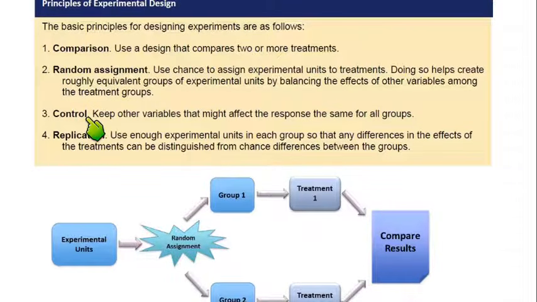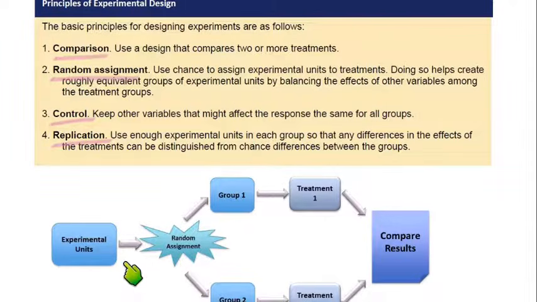Control, keep everything the same as much as you can between both groups. Replication, be able to perform the experiment on multiple subjects and hopefully be able to replicate the experiment for someone else in a different location with different subjects. So those are our 4 components for experimental design: comparison, random assignment, control, and replication.